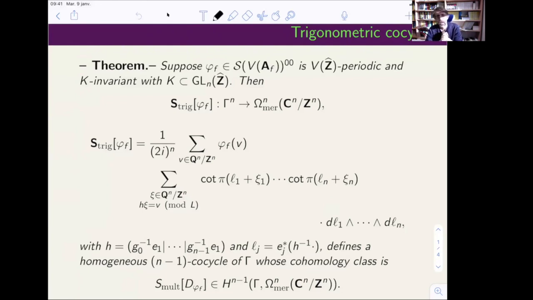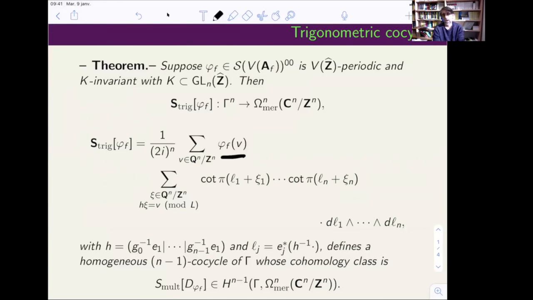You see each L_j is a linear form on C^n. The xi_j are rational points, and the coefficients of the linear combination involve this finite Schwartz function that is related to the divisor we are considering.